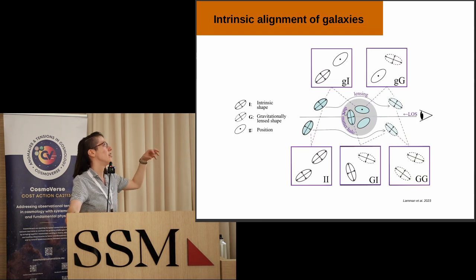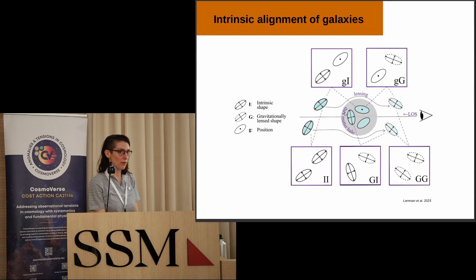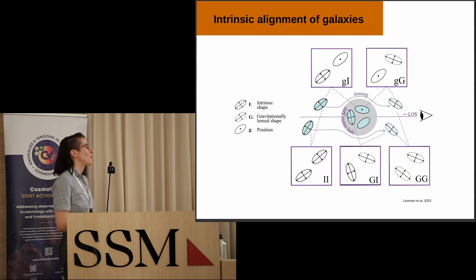Similarly, you could have galaxies in your source sample which have a correlation in their intrinsic shape to galaxies in your lens sample, just due to being physically tidally associated, or in terms of their environmental formation history, with those lens galaxies. These are the kinds of things we're worrying about for intrinsic alignment. We want to be able to model this and mitigate its impact on our cosmological inference.